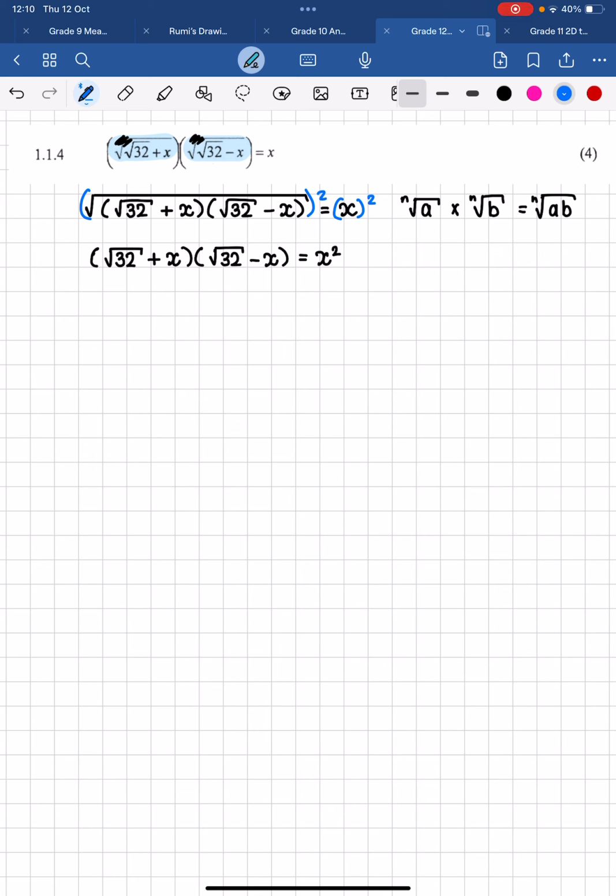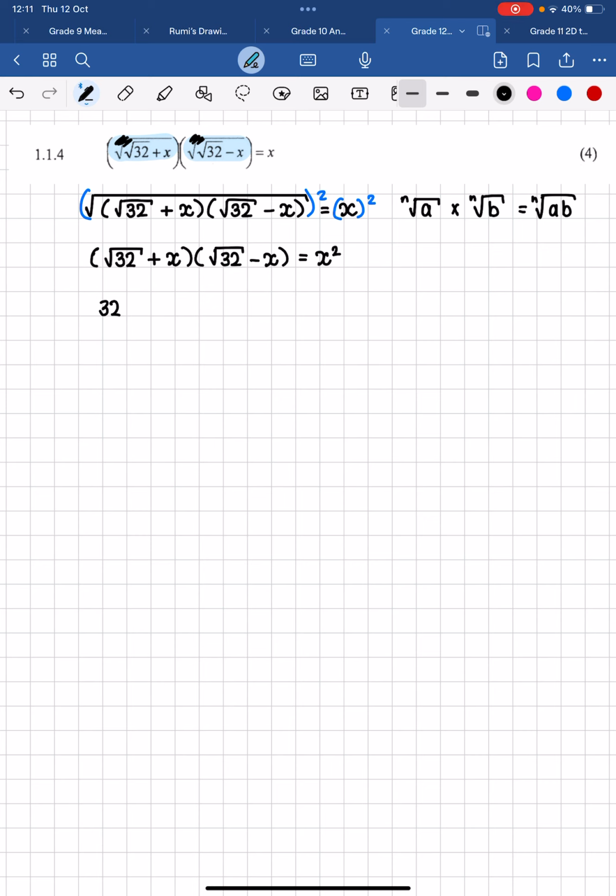Okay. Now we have to FOIL. But the FOILing out is now going to be easier actually, because what we have here is two square roots that we're multiplying together. The square root of 32 multiplied by the square root of 32 is just going to be 32. It's the same as saying the square root of 32 squared.